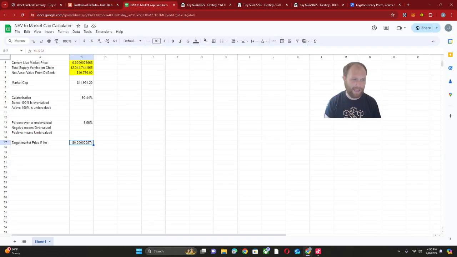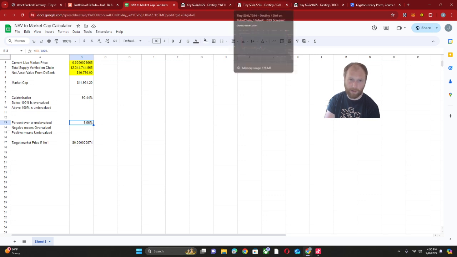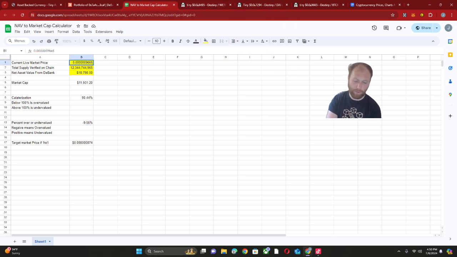How much would that gain? Let's see. So we have the numbers in here for BNB. We see that we're about 9.5% overvalued. And we compare that to this one, which is the one we'd be buying, selling into that one, buying into the other. 7294. So these should all correlate long term, but short term it's very volatile.